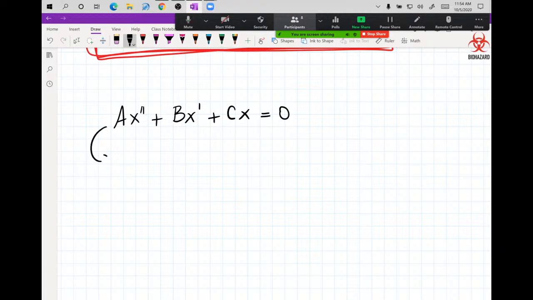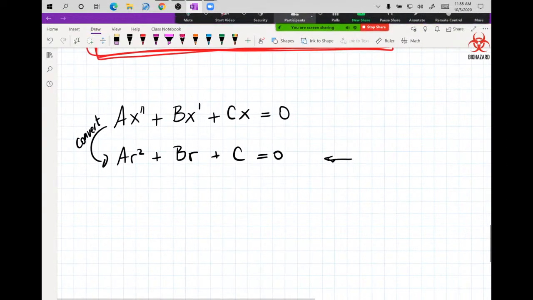So you will convert this to a basic polynomial, the quadratic equation, which would be ar squared plus br plus c equals 0. So this is the step you're memorizing.